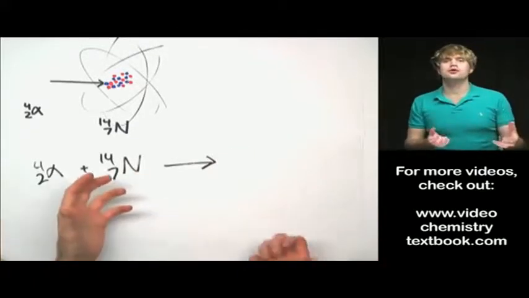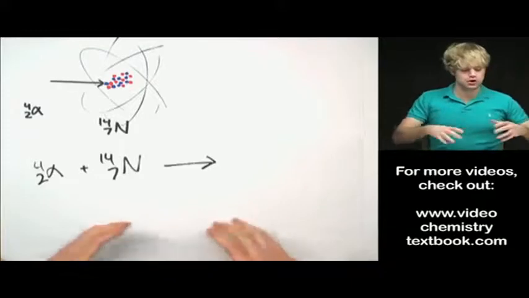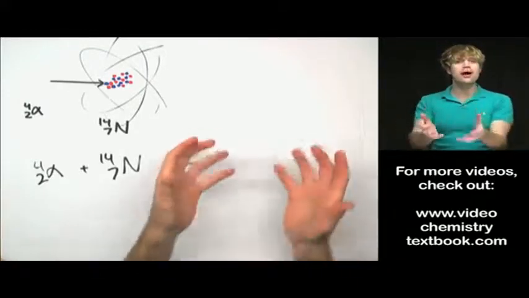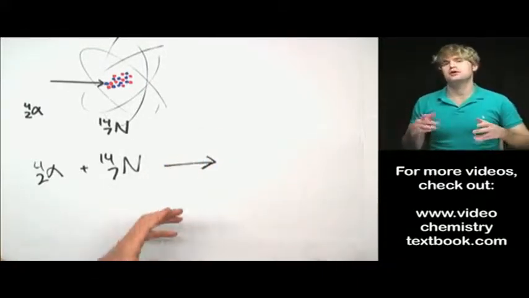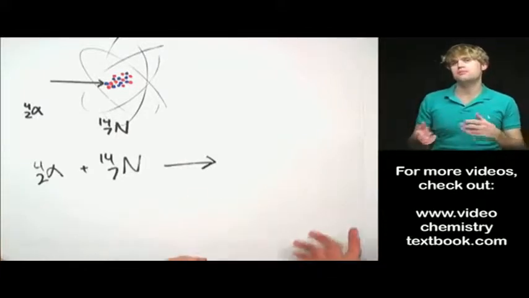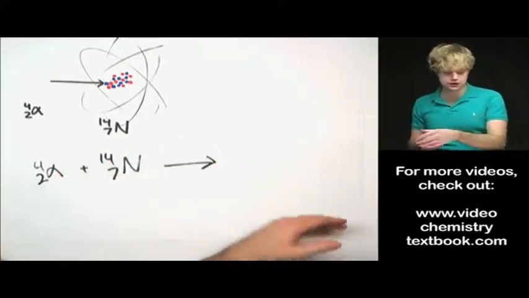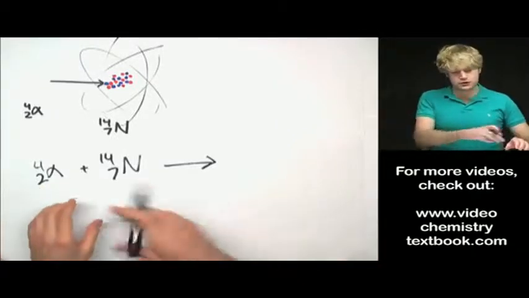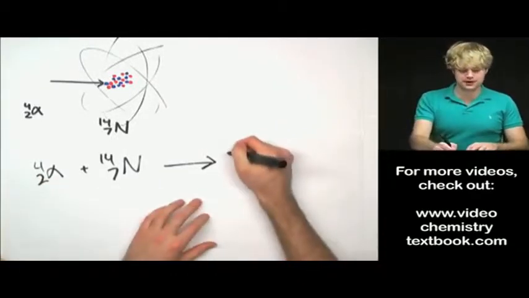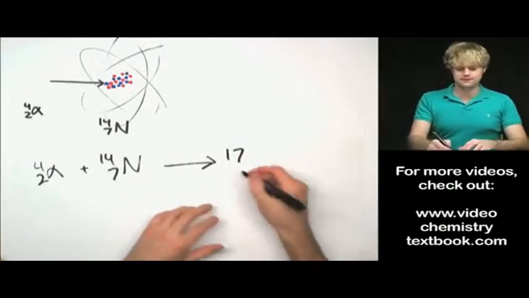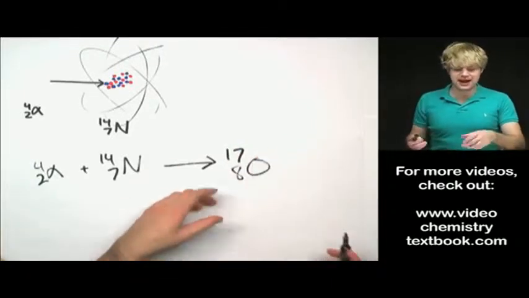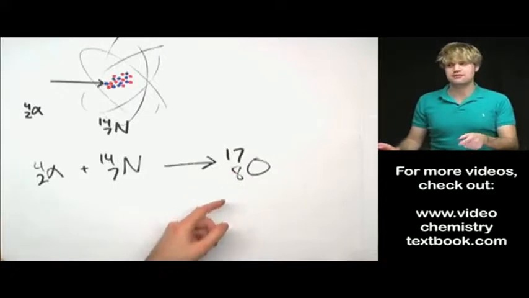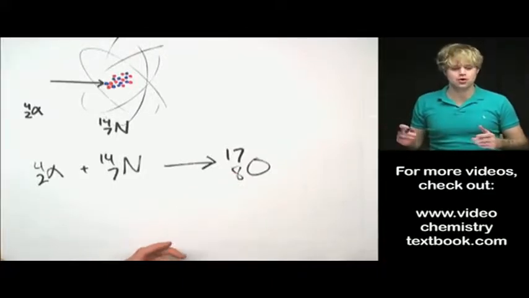When you do a nuclear transformation reaction, you usually end up with a new element, and then you get a little bit of change. And by change I mean a couple protons or a couple neutrons extra get kicked out in the end. So when we do this reaction, here's what we end up getting. We get a new atom, and it's an atom of oxygen-17 here, okay?